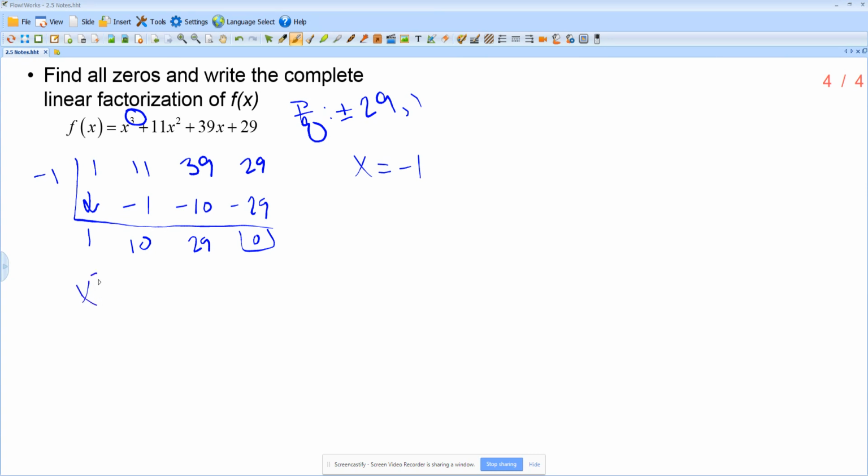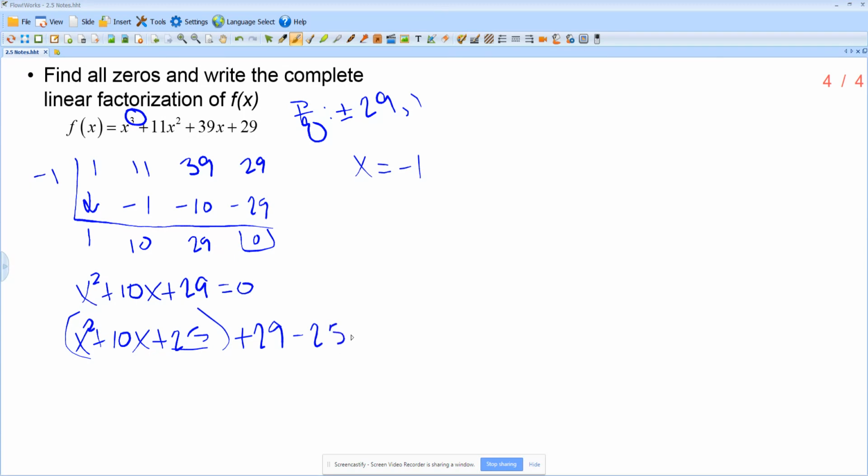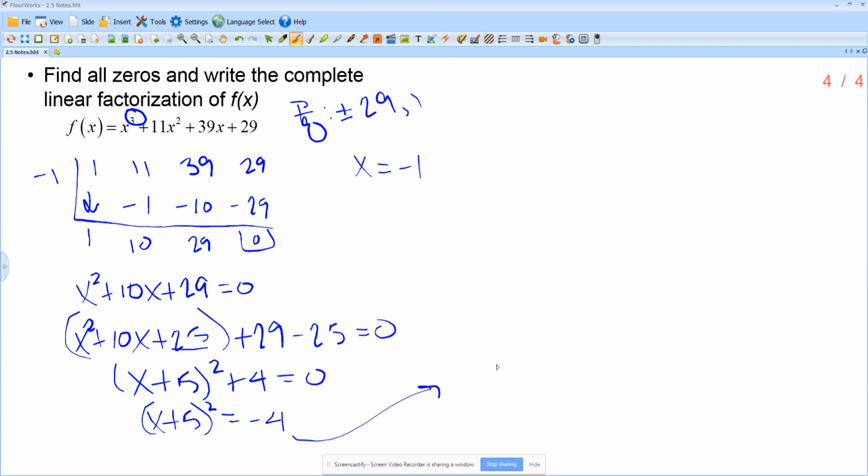Now I've got x squared plus 10x plus 29 equals 0. This is also not factorable. So I'll have x squared plus 10x plus 25, just completing the square now, minus 25 plus 29 equals 0. So x plus 5 squared plus 4 equals 0. Solving this, I get x plus 5 squared equals negative 4. Continuing over here, x plus 5 equals plus or minus 2i.